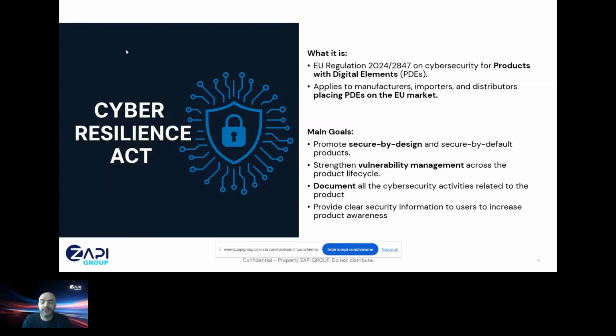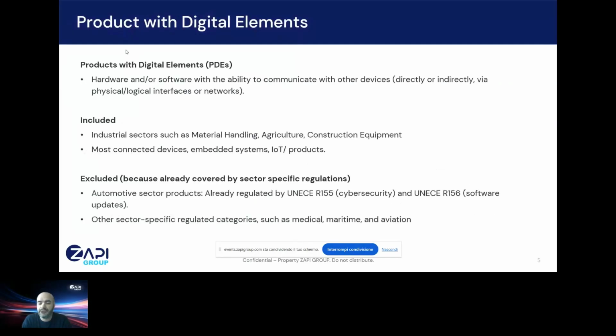So the CRA introduced a different concept. The first one is the definition of product with a digital element. This product basically is composed of hardware and software components that communicate with other devices using direct or indirect connection and physical or remote interfaces.